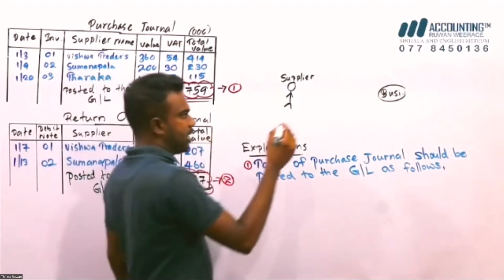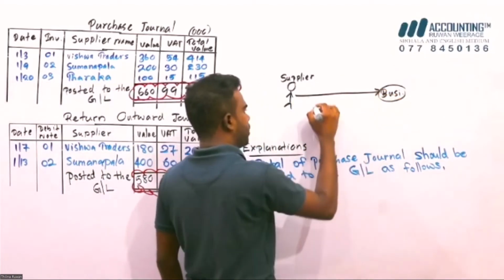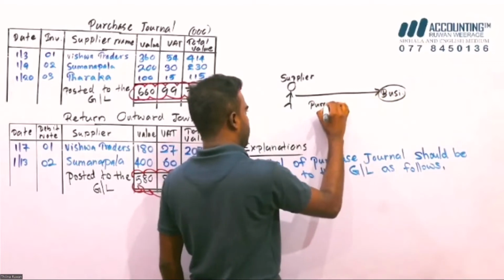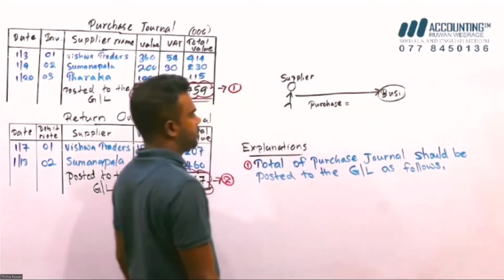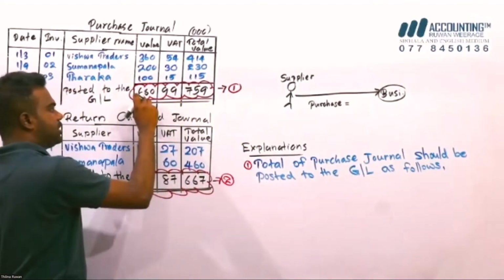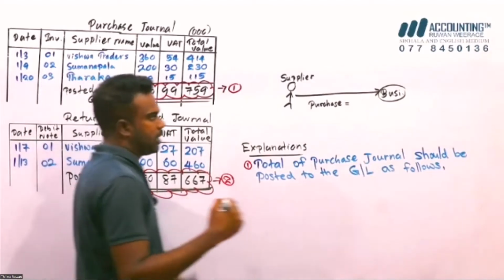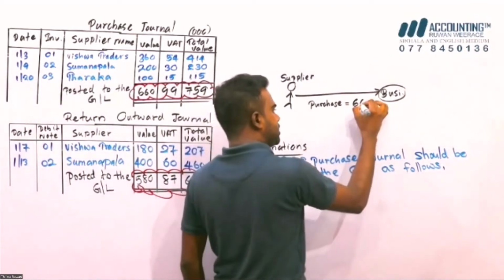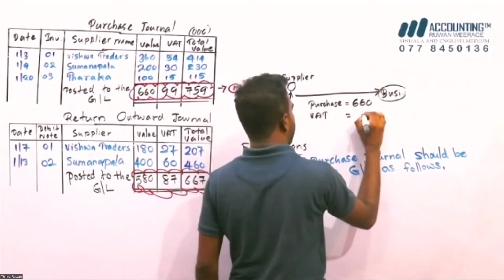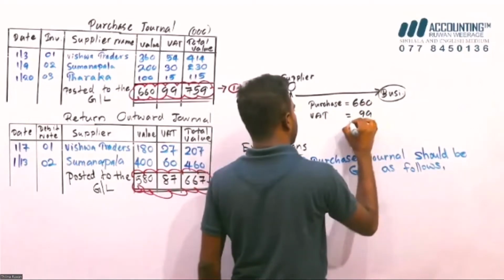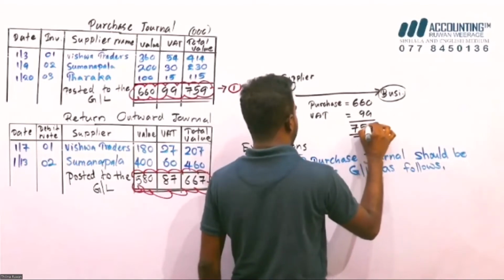Then the business has purchased goods from the supplier. How much have they purchased? This is the actual selling price, the purchase value totals. 660 rupees. But the VAT amount is 99 rupees. Altogether 759.